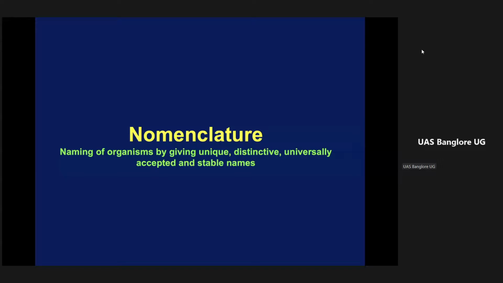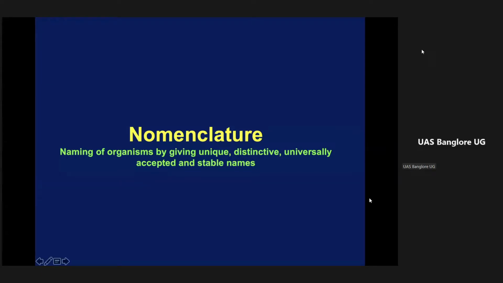Naming of an organism by giving a unique, distinct, and universally accepted and stable name. For example, if you take Akul Gowda's name, his name should be very, very distinct. It cannot be changed over a period of time, right? Unless we have some rules and regulations, we have to go to court and all those things.